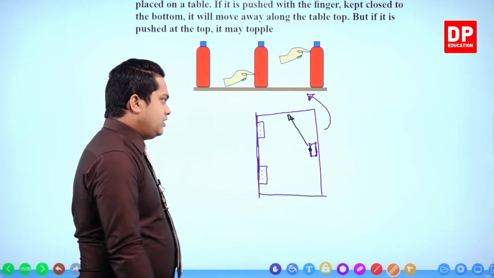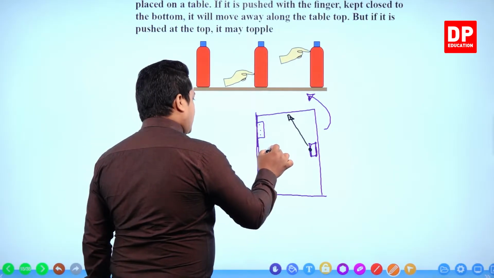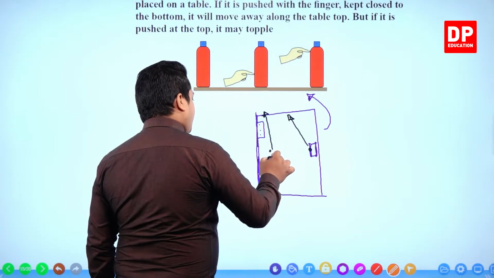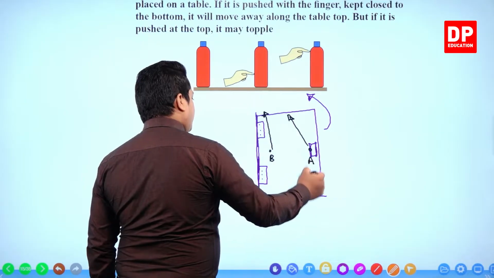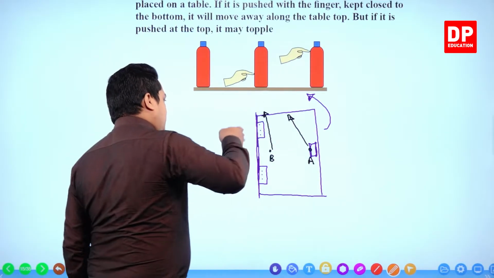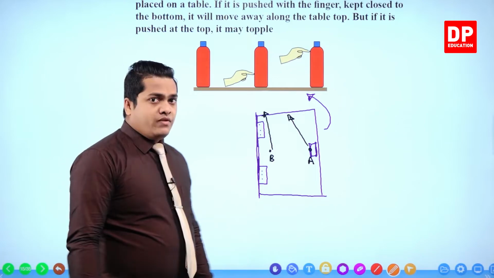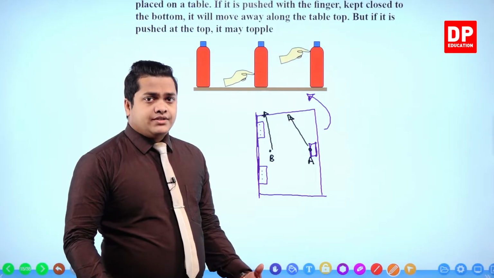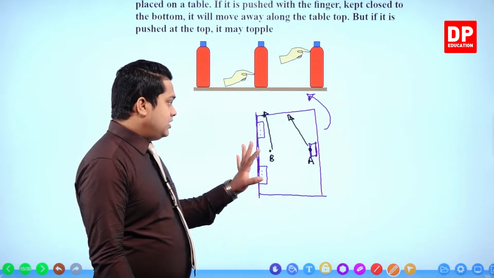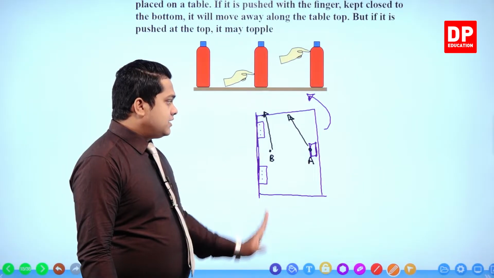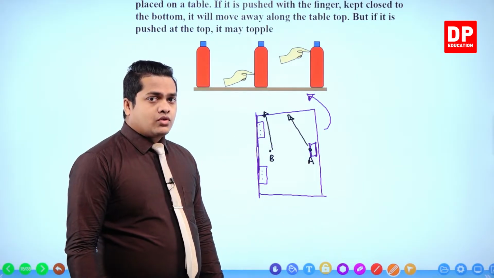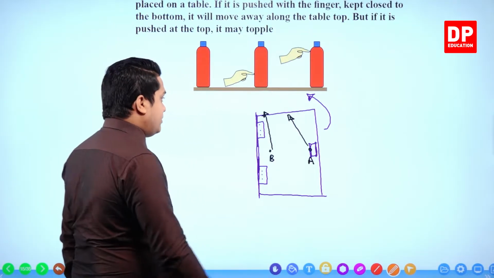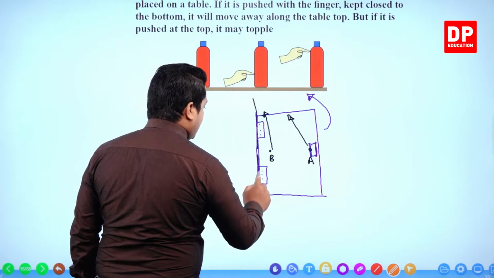But however, by applying a force at this kind of a point also, you can move the door. You can move the door like this. But however, the thing is that it's really difficult. It's very difficult to move the door if it is closer to the rotation point, the rotational axis. This is the rotational axis now.